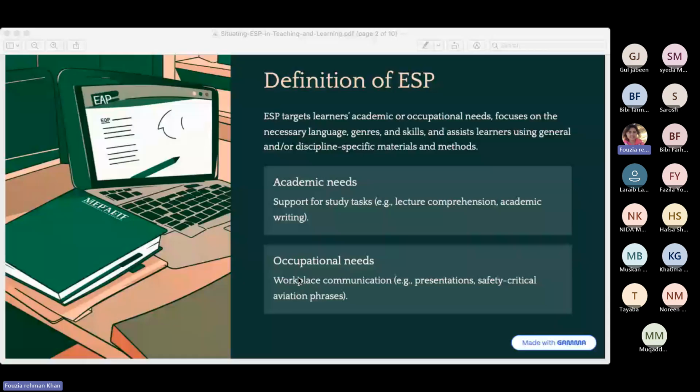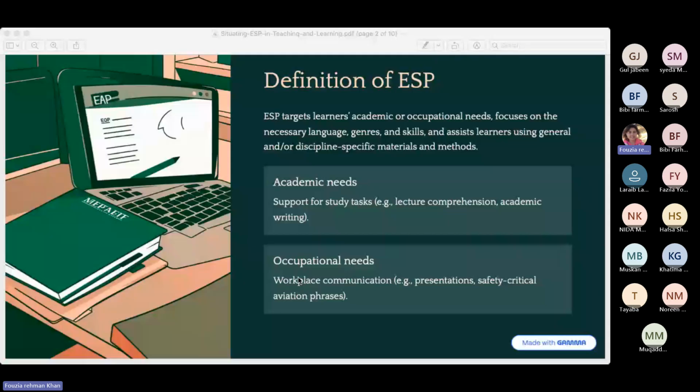Even in the US, where English is the first language, in their universities there are numerous ESP courses which are offered to the overseas students. It helps them to do the academic writing. Okay, so there is a lot of demand for ESP courses.